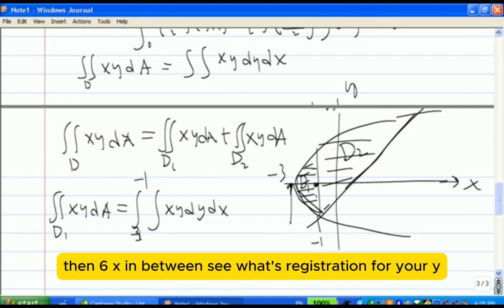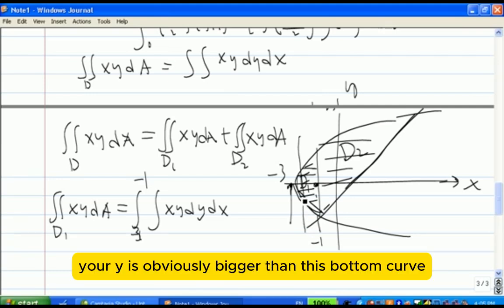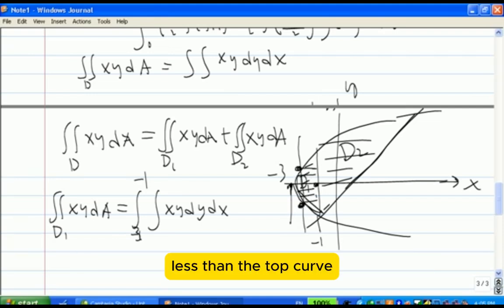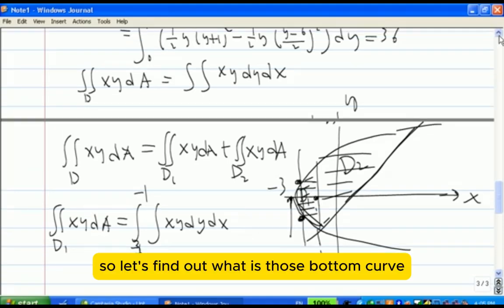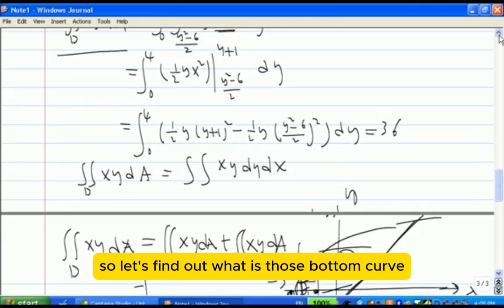Okay, then fix x in between. See what's the restriction for your y. Your y is obviously bigger than this bottom curve, less than the top curve. So let's find out what those bottom curve and top curve are.